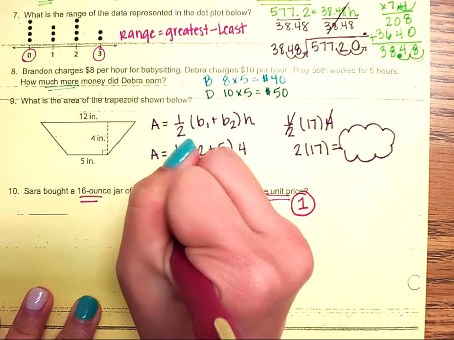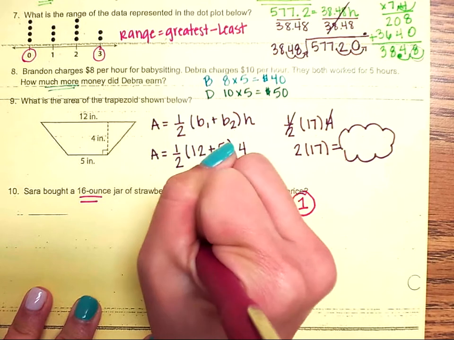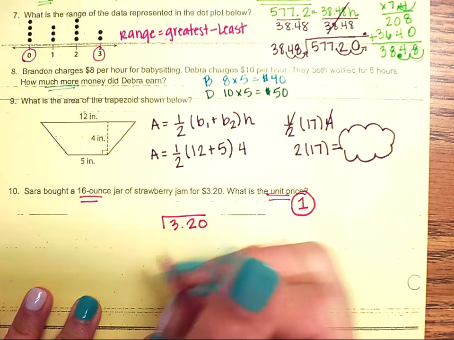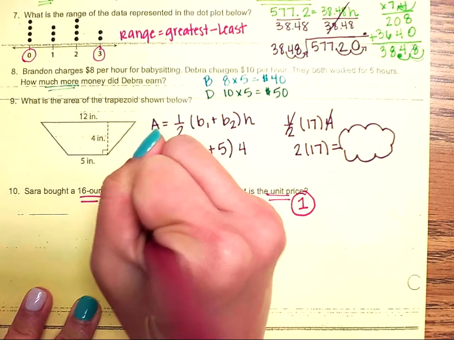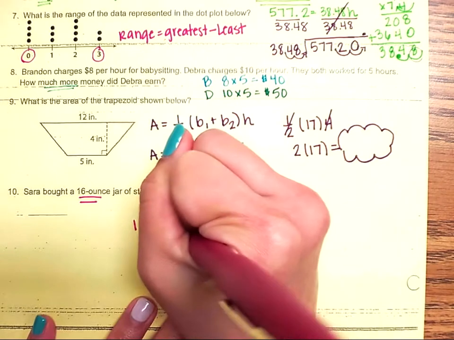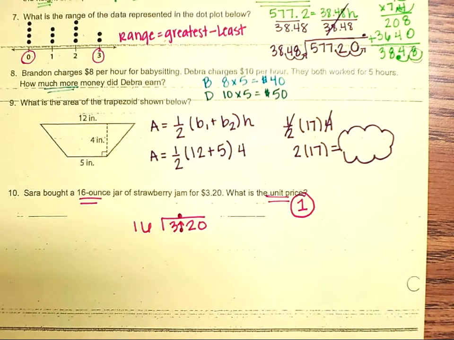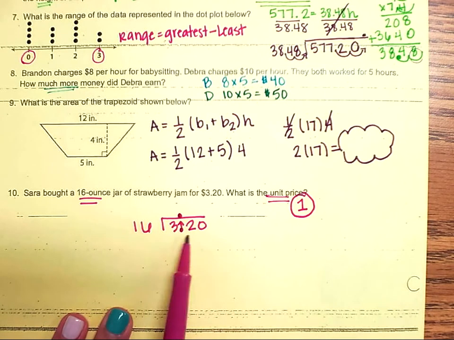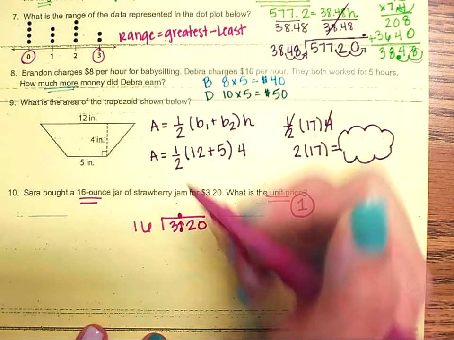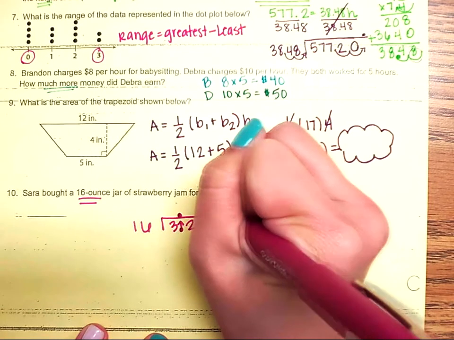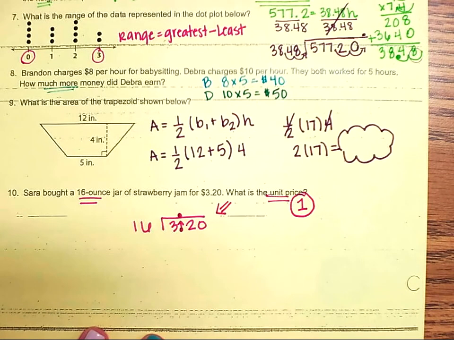So to set this up, $3.20 will go in the house and outside will be 16. Remember, first shoot the decimal up and then start dividing like normal. So how many times does 16 go into 32? Okay, once you finish, this will be your answer of how much it costs for 1 ounce.